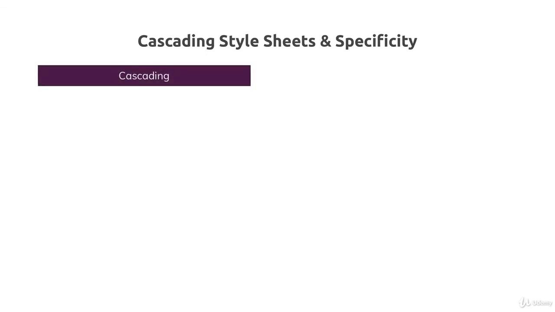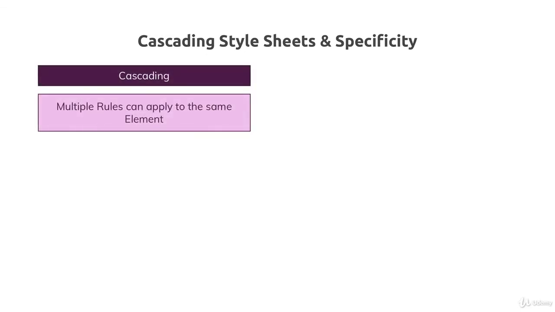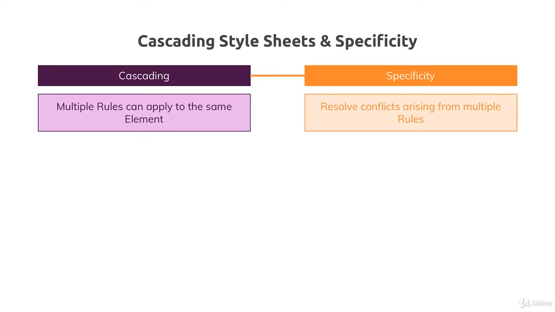Now here's an overview. As I said, cascading means multiple rules are applied to the same element. Specificity resolves conflicts arising from that fact, and specificity then simply has the following order. The tag selector and also pseudo element selectors, which we haven't had a look at yet, but which we will see in the course, have the lowest priority, the lowest specificity.